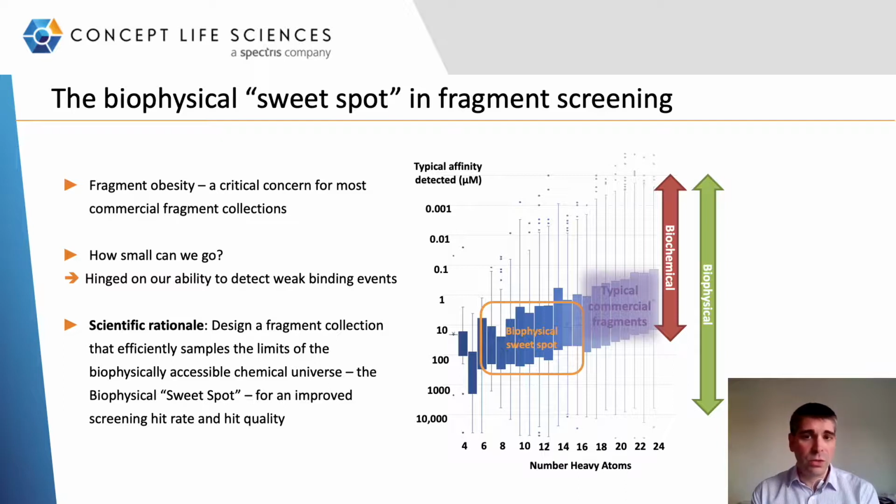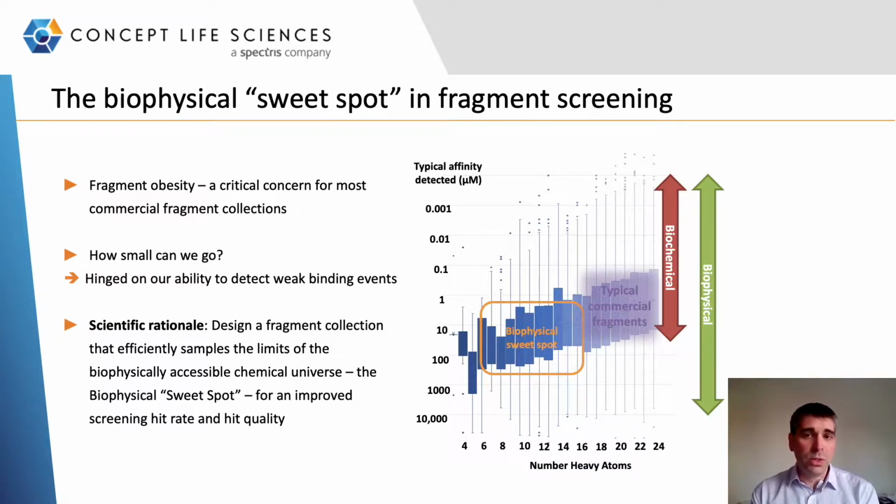And these detection methods can then allow for the detection of binding for the very smallest of fragments. Now, this biophysical technology so far has not really been maximized in the commercial fragment collections that typically are in the bigger or higher range of the fragment landscape.